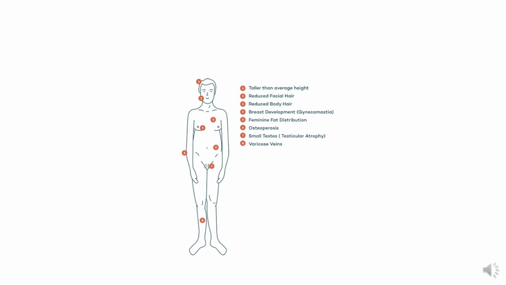These are shown, small testes, the fat distribution, and varicose veins are there. Osteoporosis, varicose veins are there in the limbs.